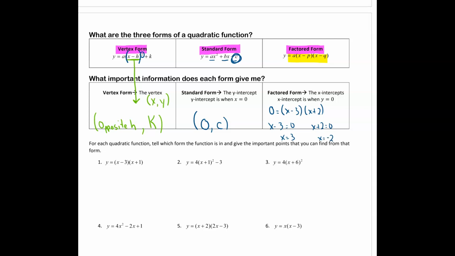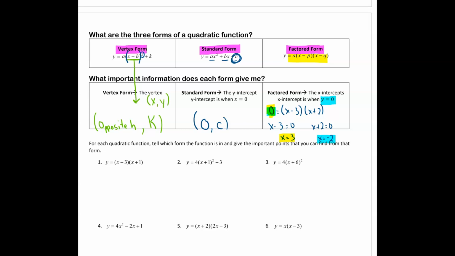Well, those solutions happen to be, if x is 3, then your y is 0, or if x is negative 2, then that made the y value 0. And when y is 0, that is an x-intercept.